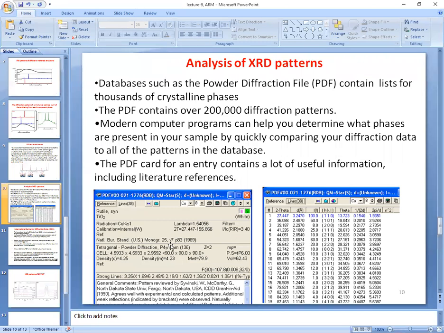Then we can say at what temperature the phase changes. Basically, when we heat a material, its properties and its crystalline structure change with the temperature. So we can also have the temperature dependent XRD facility.